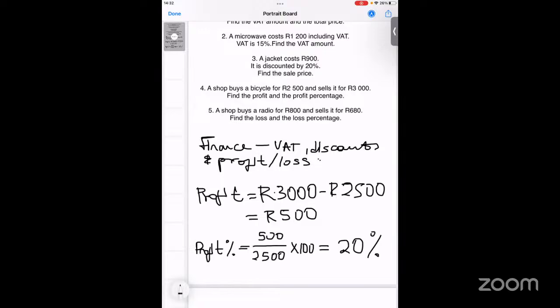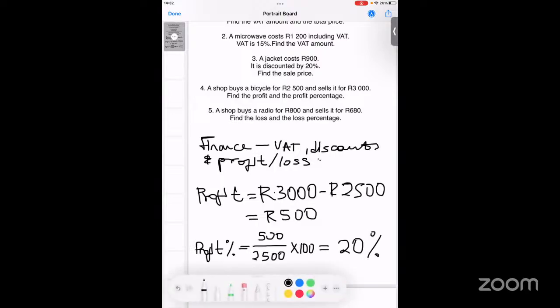So that means it is actually a 20% profit that you made from that profit of 500. So it's like, from 2,500, you say, I'm selling bicycles for 2,500, and if you want to make a profit of 500, just increase it by 20%. Yes, something of that nature.